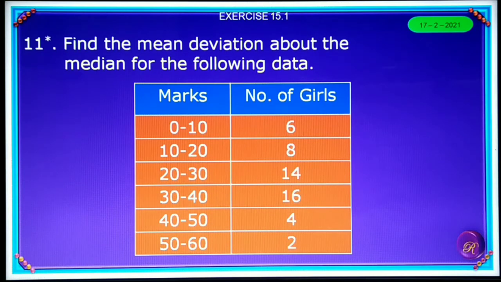Find the mean deviation about the median for the following data. Marks: 0 to 10, 10 to 20, 20 to 30, 30 to 40, 40 to 50, 50 to 60. Number of girls corresponding to the marks: 6, 8, 14, 16, 4, 2.